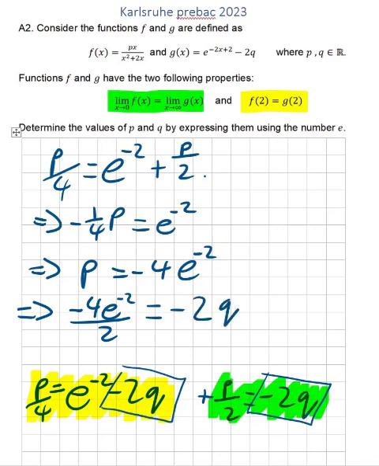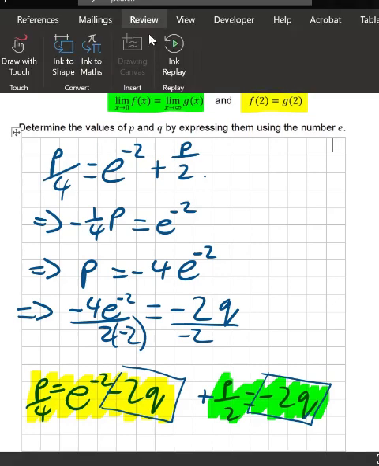I'm going to divide both sides by minus 2q, that's just minus 2. So minus 2 times 2 will give me minus 4.